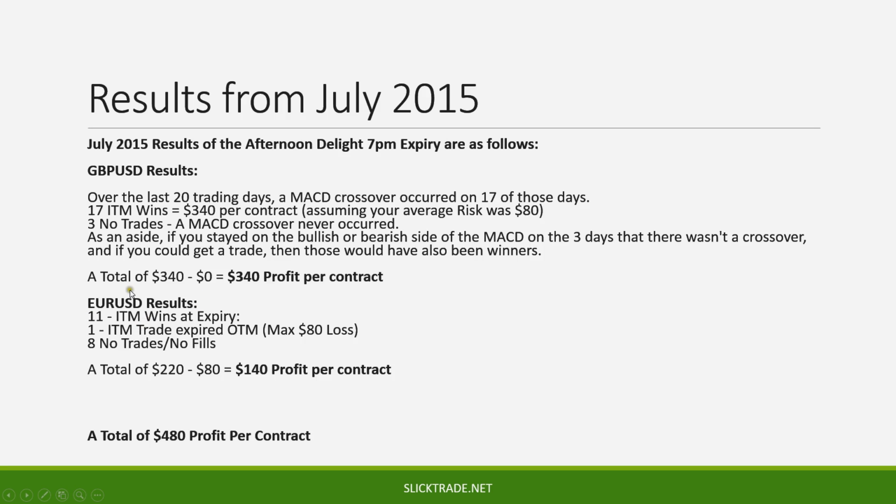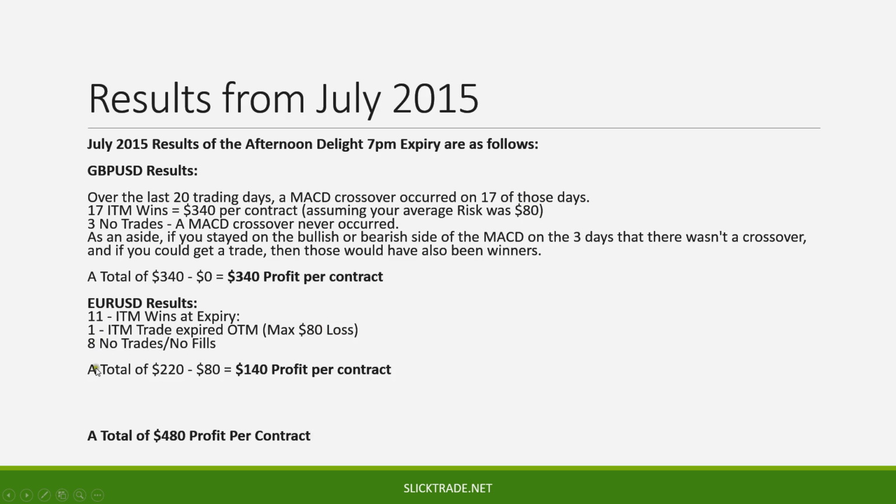The EURUSD had 11 in the money wins and 1 in the money trade which expired out of the money. Again, this is at my highest risk to reward, which is 80. It doesn't mean that you couldn't get in at a better price on these. I'm just giving you an example. So that was an $80 loss, and there were 8 no trades, no fills.